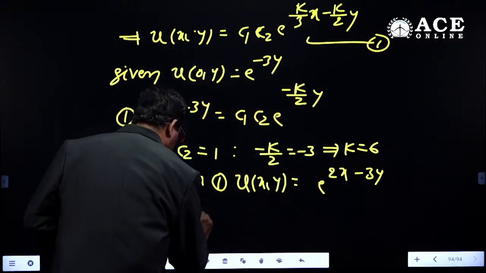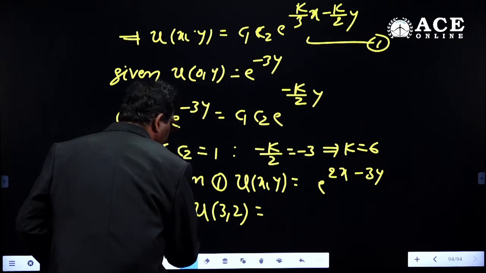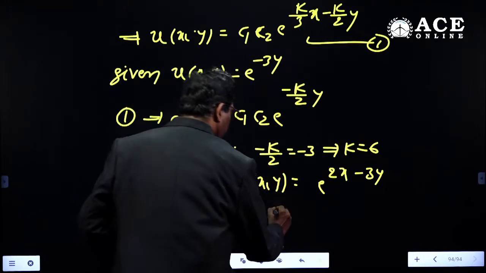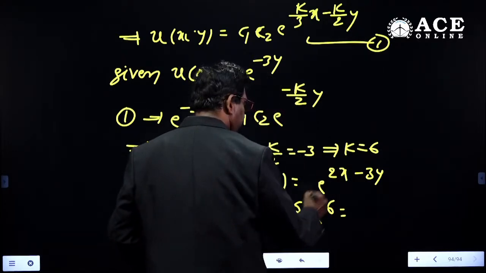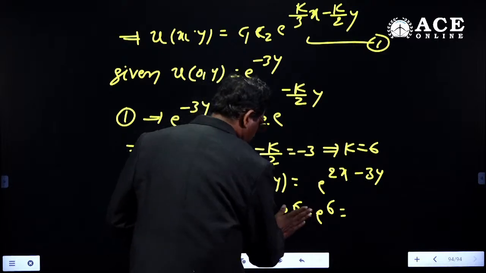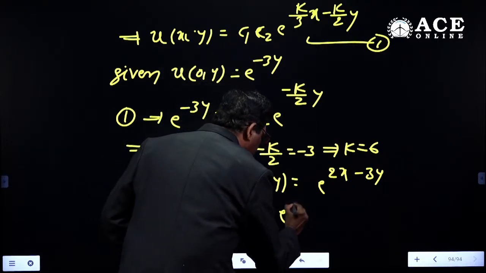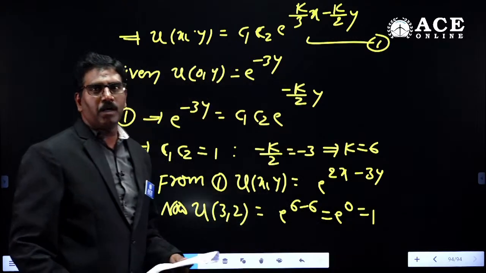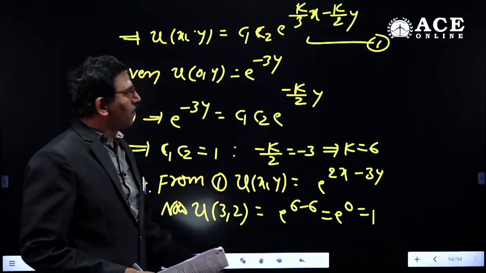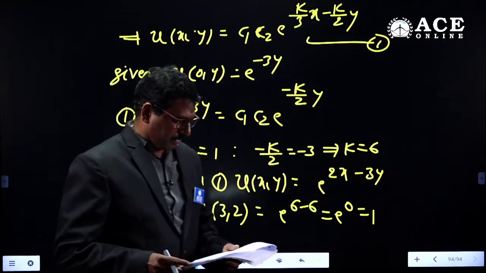The final result, u of 3,2 is required. So it is e to the power 6 minus 6, which is e to the power 0, that is 1. Are you clear? 1 means which option is correct? Option C is right here.